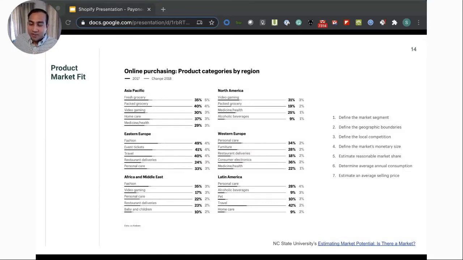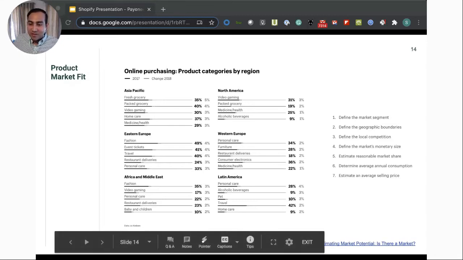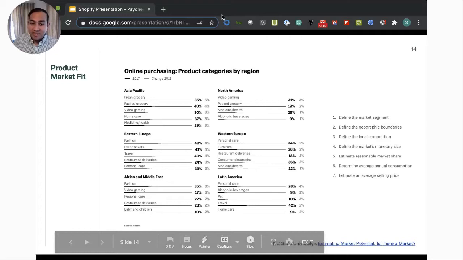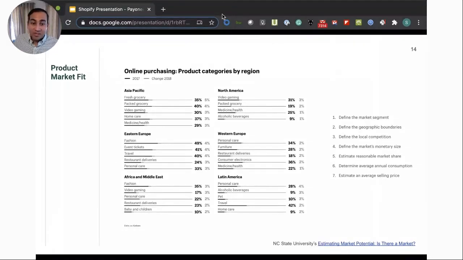One of the things that we often assume is that our product will work everywhere. Something as basic as a deodorant sometimes does not work in other countries. For example, I know P&G tried to launch the Rexona deodorant in China, and purely because of biological reasons, it didn't work.